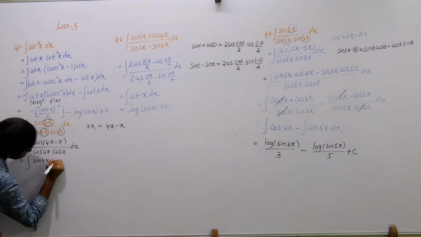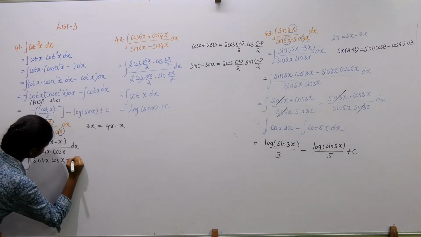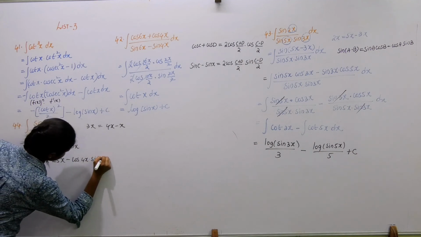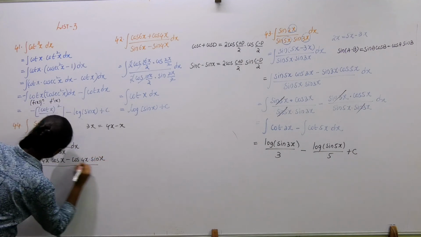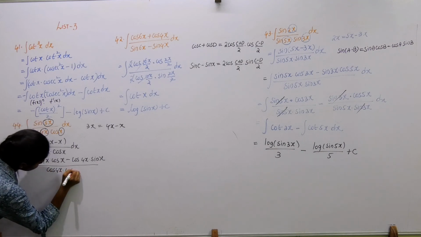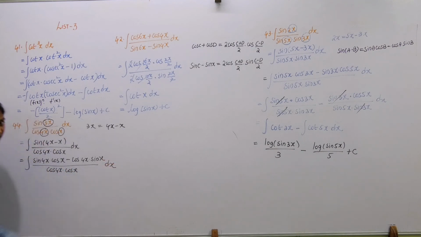Sin a cos b minus cos a sin b, whole divided by cos 4x into cos x dx.